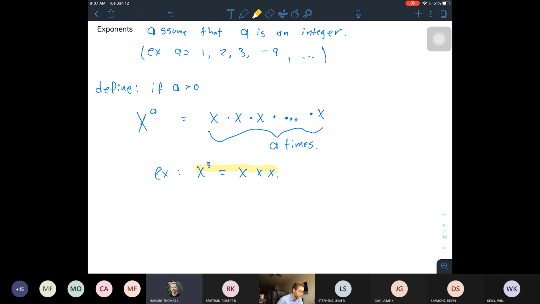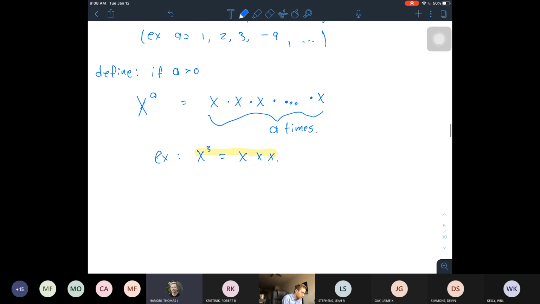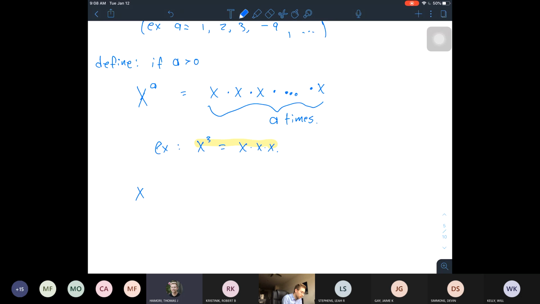You may not have seen the more general form of x to the a written out this way. It's just a more mathematical way of writing the definition because it's more general. I don't have to rely on a specific example; you know what to do for any a that is an integer larger than 0. Okay, so that's how we define integer powers. We do note that x to the 0 is equal to 1.